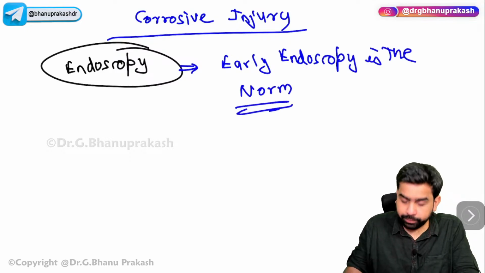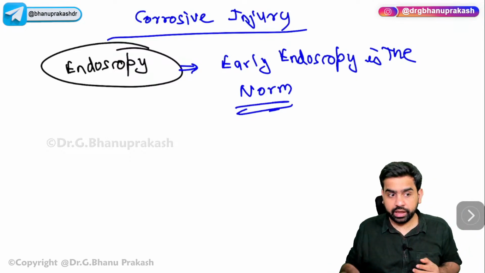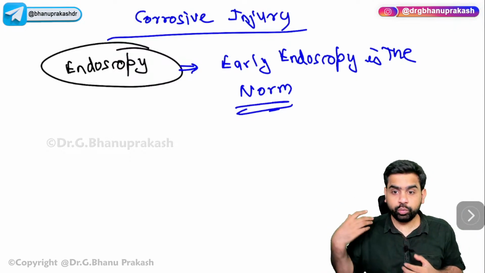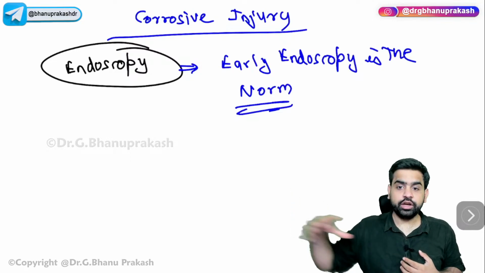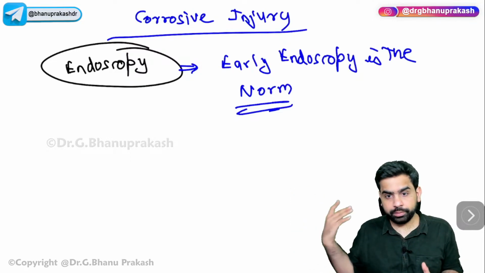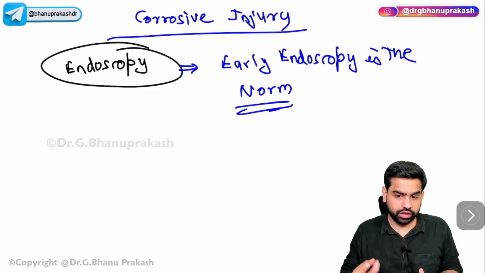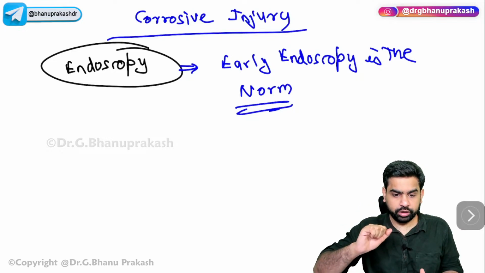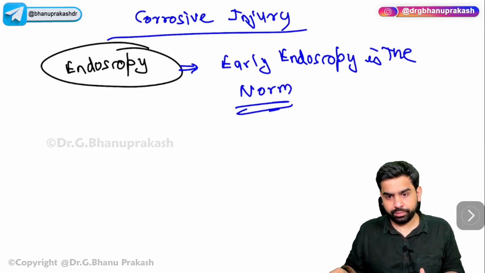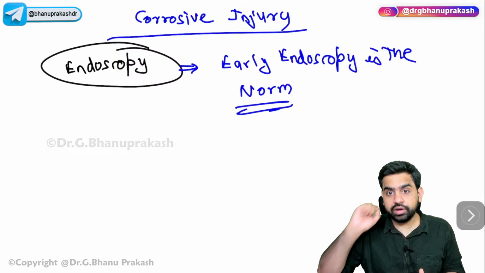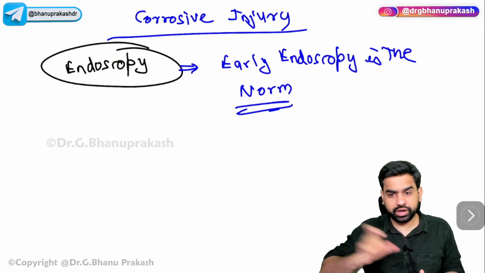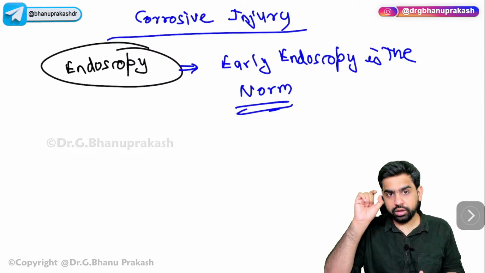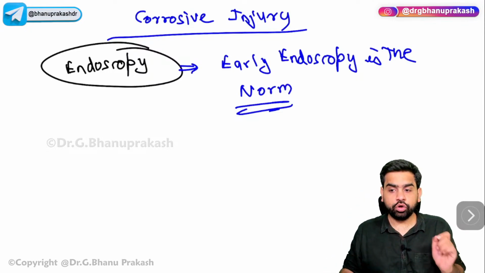When the patient has just come after the injury, if you perform an early endoscopy, you will be able to assess the severity of the injury. But delayed endoscopy is not possible, because now the esophagus will become fragile, and if you try to perform endoscopy, what can happen? Esophageal perforation might happen because of your endoscopy. So early endoscopy, let's say within 2 to 3 days, is what is performed if there is a patient with a corrosive injury.